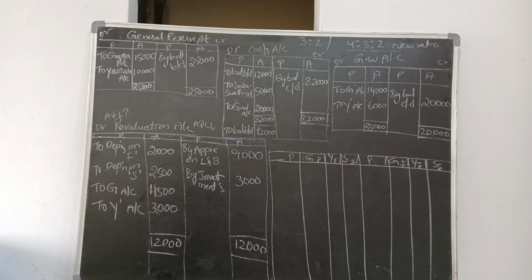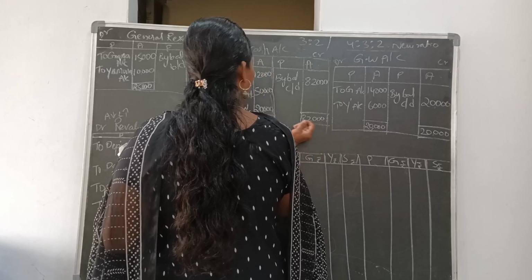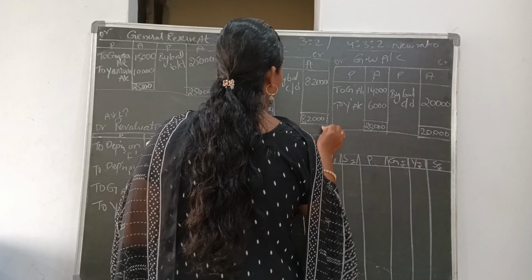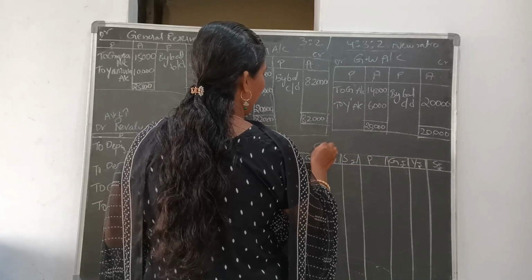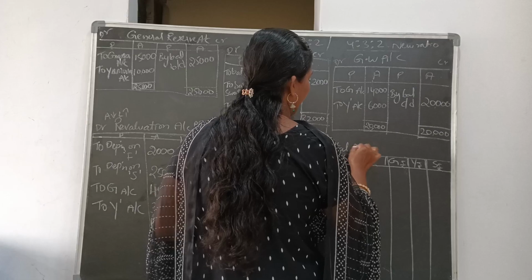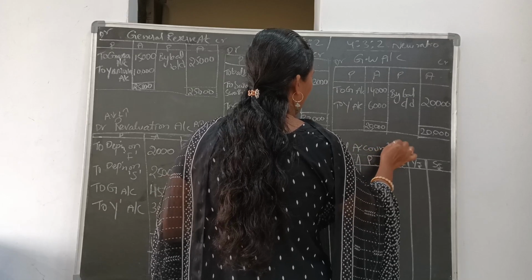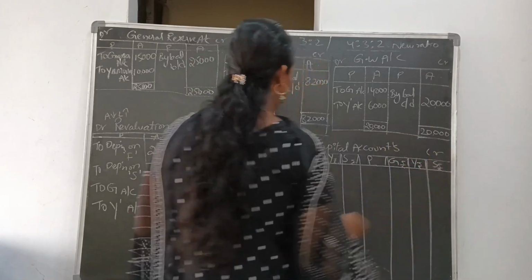Yes, working. So write the head of account, capital accounts. This is the debit side and this is the credit side.